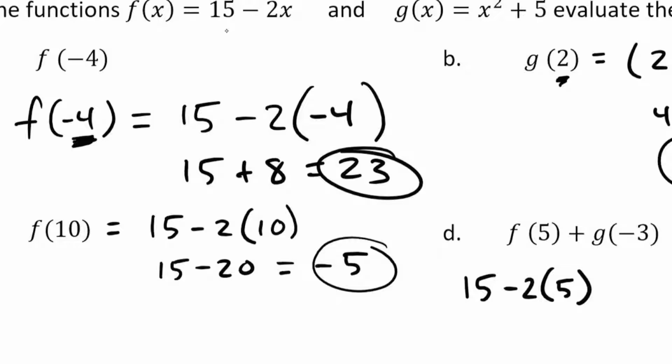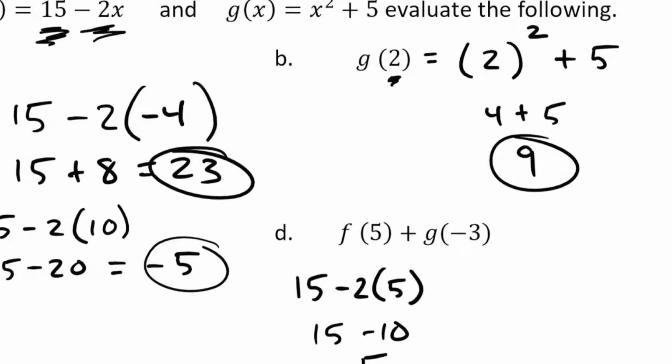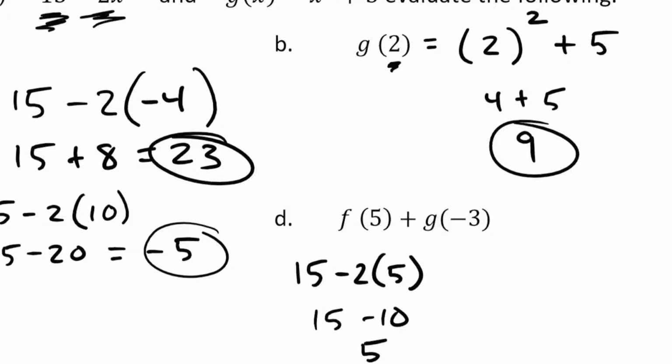It's always 15 minus twice x. So I've got 15 minus 10, which is just the number 5. So that's the f of 5 bit of it, but I need to add to that, right? There's an addition problem here. I need to add to that whatever g of negative 3 is.